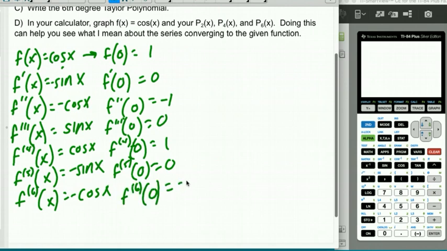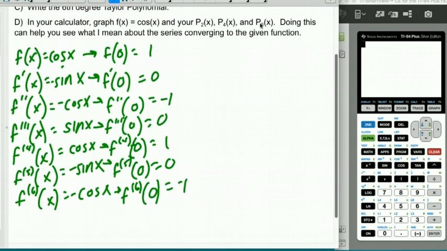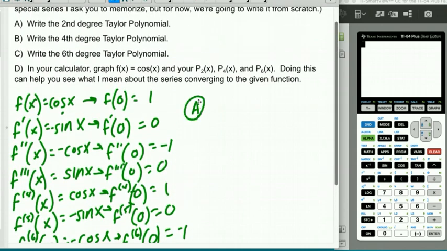All right, and again, we are going to learn a shortcut for this, but for right now, we would need all those derivatives. So if I want to go ahead and answer my A, B, and C, right? So A asked me to find the second degree Taylor polynomial. Well, that's going to be, so we'll call it P sub 2 of x, right?